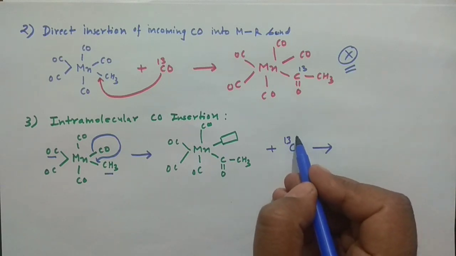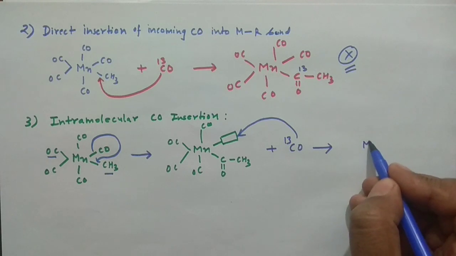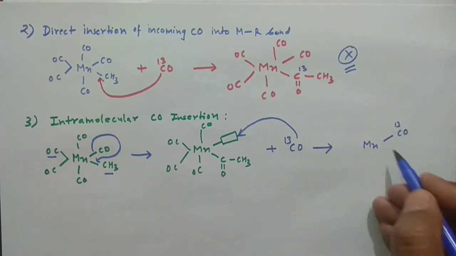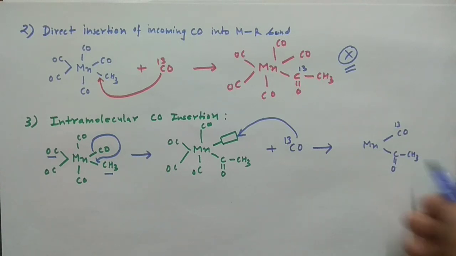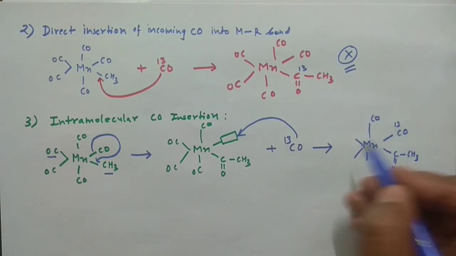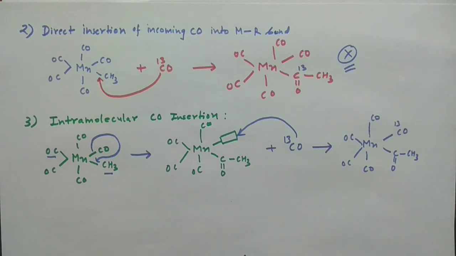So what product will you expect? This will insert here, and you will have Mn CO13, and C double bond O CH3, and the rest of the carbonyl groups. So this is intramolecular insertion. Kinetically it is a favorable mechanism, but the experimental data does not fully support this mechanism also.